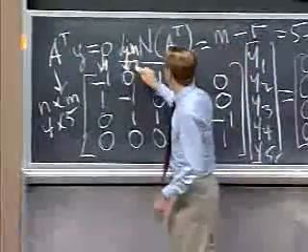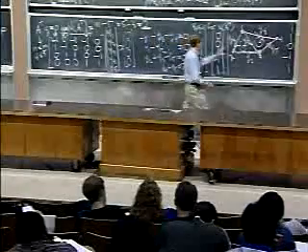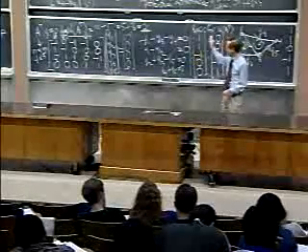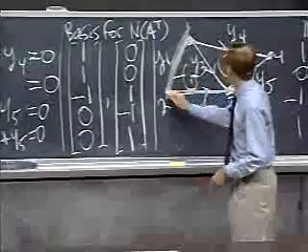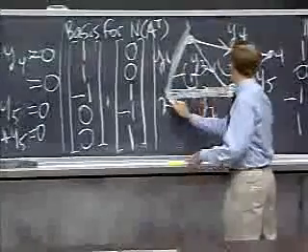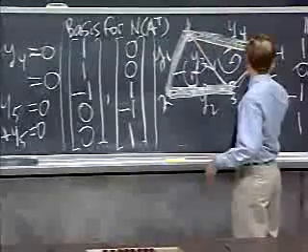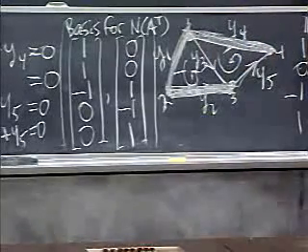Columns 1, 2, and 4 are okay. Those are the columns of A transpose. Those correspond to edges. So there's edge 1, there's edge 2, and there's edge 4.